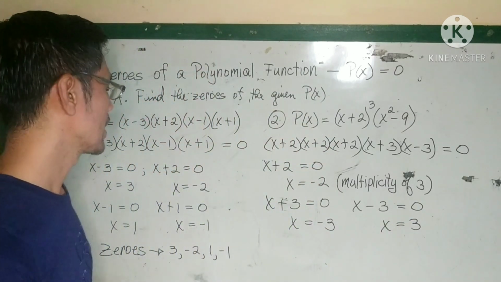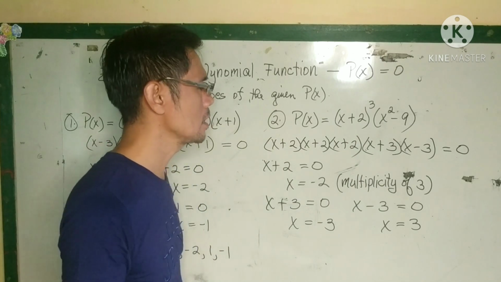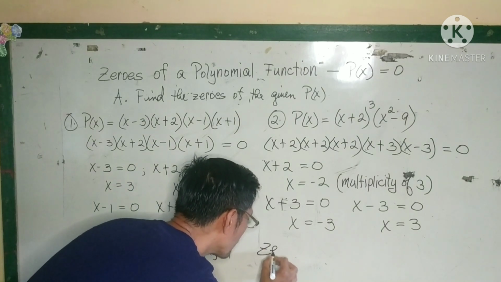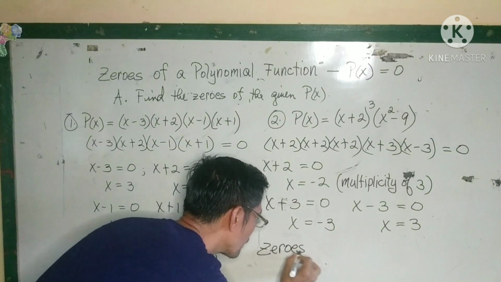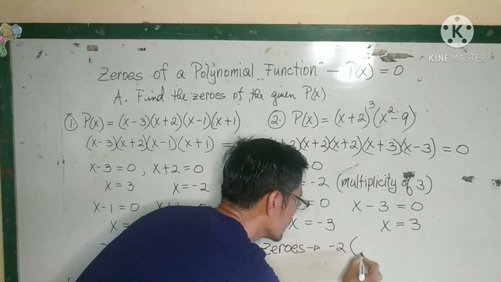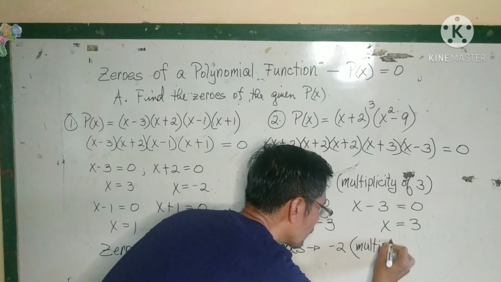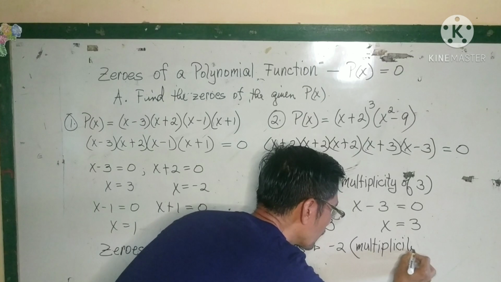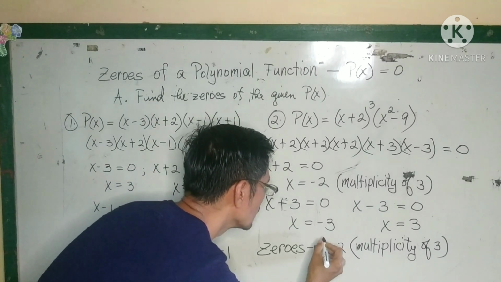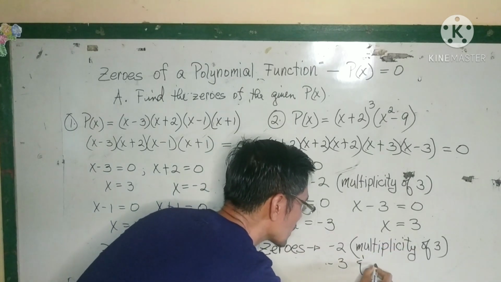Therefore, the zeros of the given p of x, x plus 2 quantity raised to 3 times x squared minus 9, are negative 2 with multiplicity of 3, then negative 3 and 3.